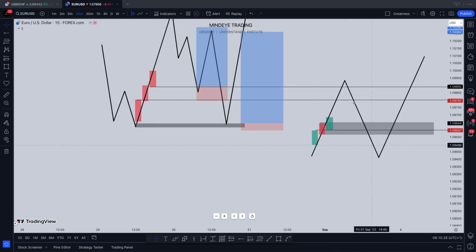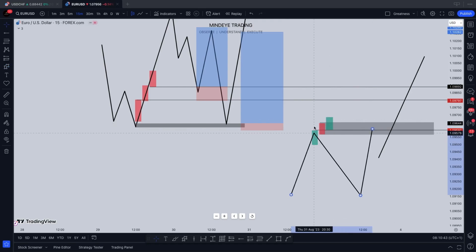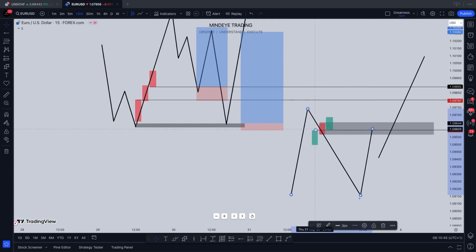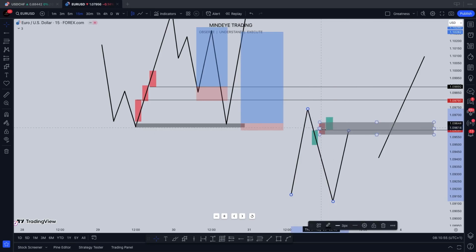Maybe you are looking to sell, the market is coming from the upside, does something like this. Then this can serve as an area of interest, because if you switch to a much lower time frame, within this other block that is here, there are imbalances and all of that. So I've actually spent time explaining this.